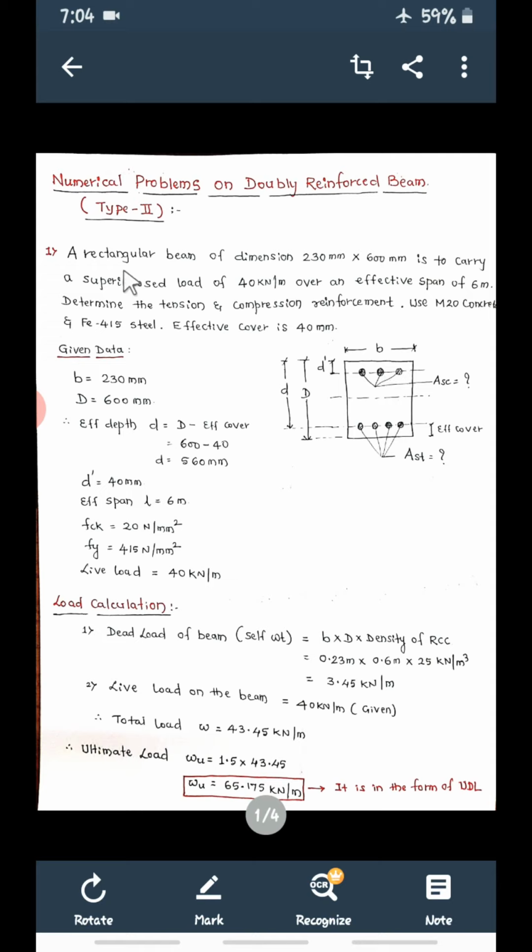This problem will be considered a type 2 problem. Here the moment is directly given, like given data. We have to find out AST and ASC. This is the second type of problem.